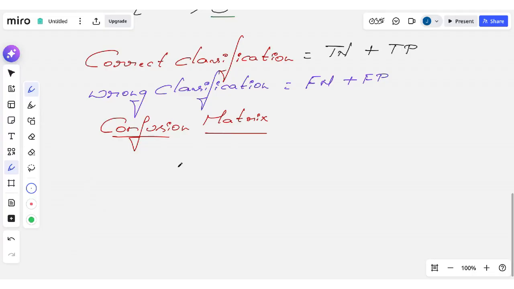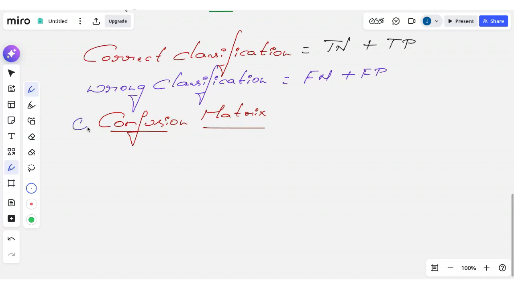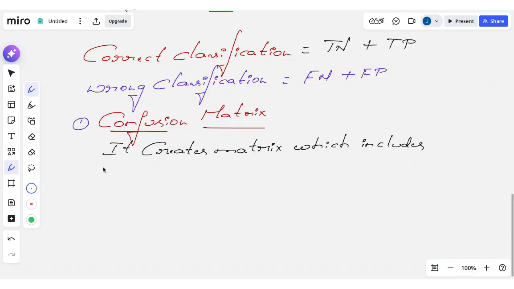Basically, a confusion matrix creates a matrix, meaning different rows and columns, which includes correct classifications and misclassifications.